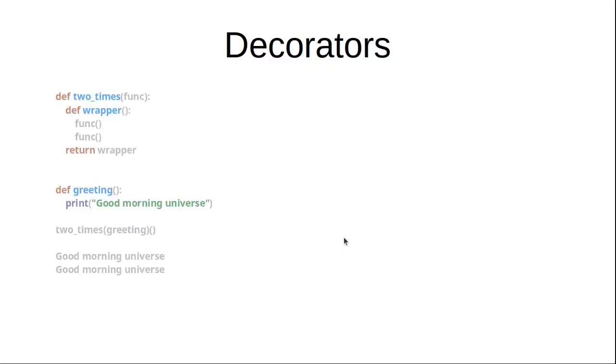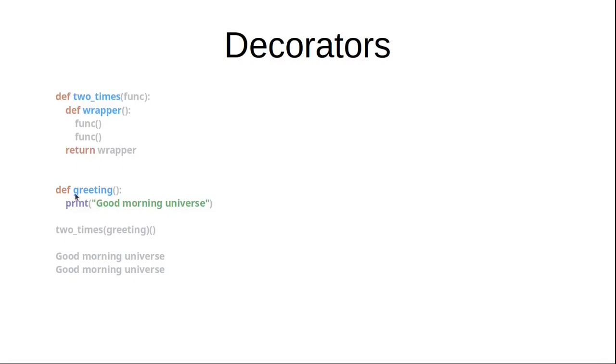For example, I create a function called 2times, which takes one argument function, and in which I define a wrapper function which executes the function 2 times, and at the end 2times returns the wrapper.